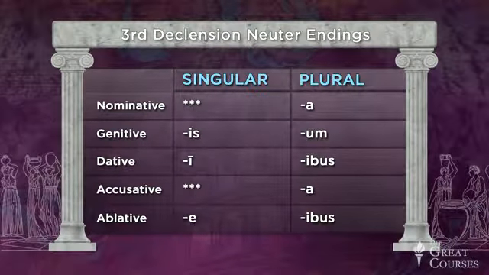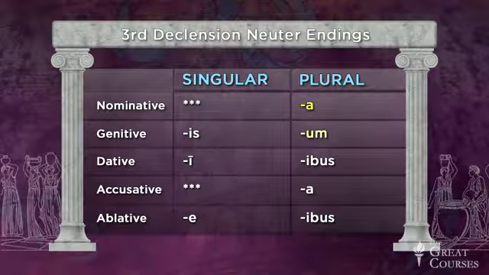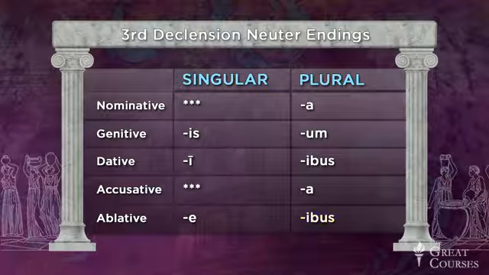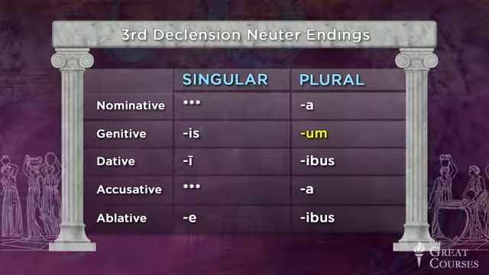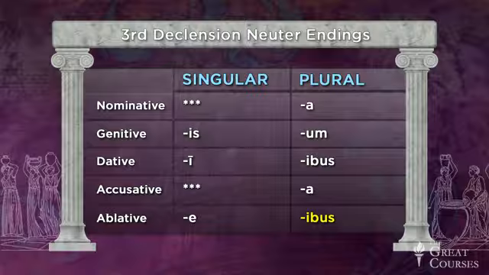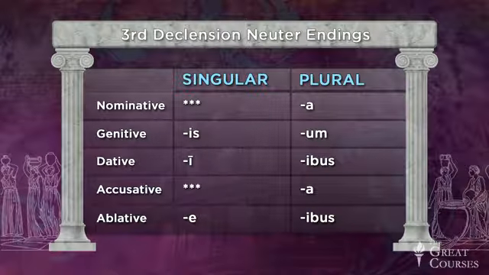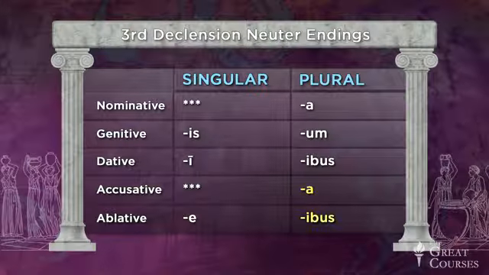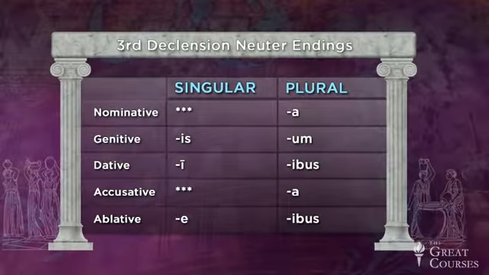And now, in the plural, ia, um, ibus, ia, ibus. And again, ia, um, ibus, ia, ibus. And stop.